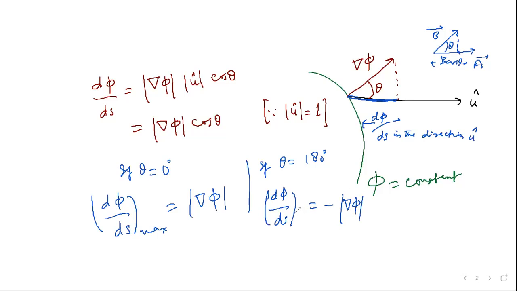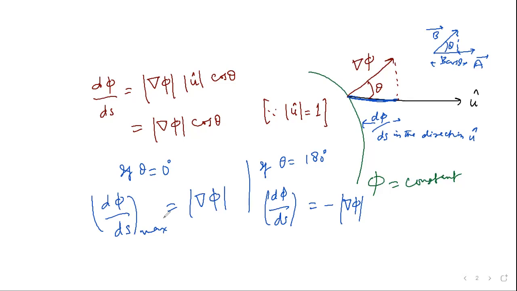So in other words, the largest value of d phi by ds is equal to del phi, and it is in its direction, right?